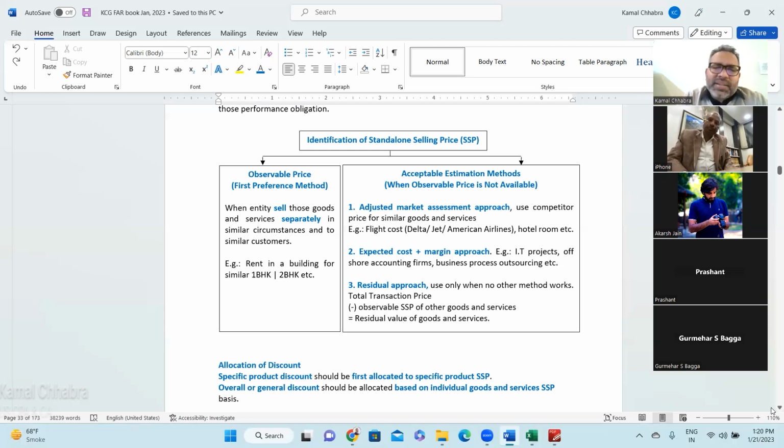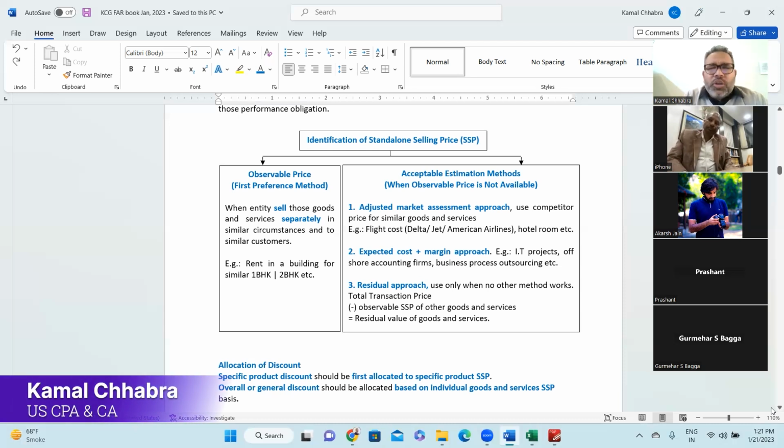Second is the hospitality, ambience, the variety of foods and other services they provide in the hotels. Accordingly, they charge. Then location also matters, and season also matters.